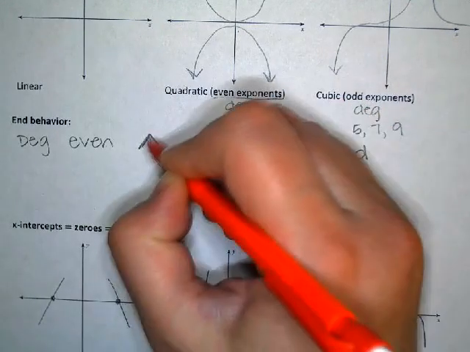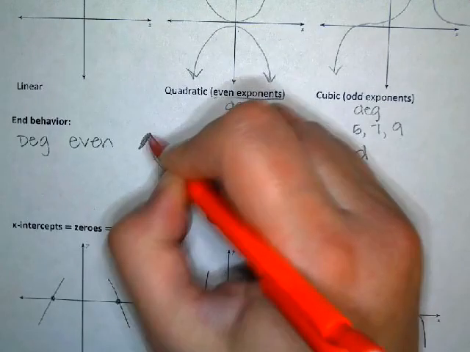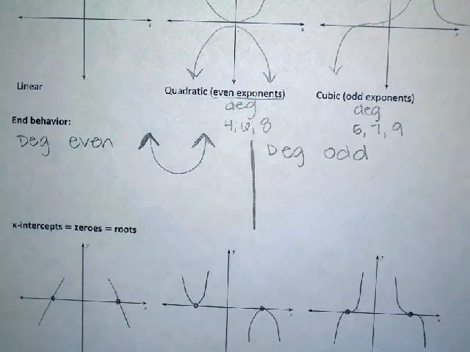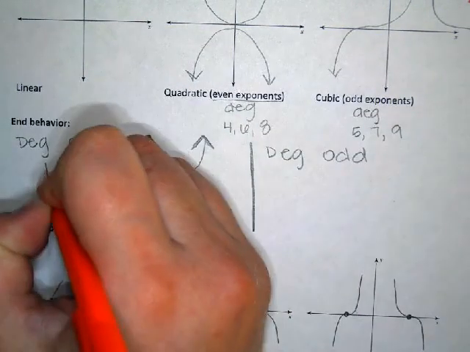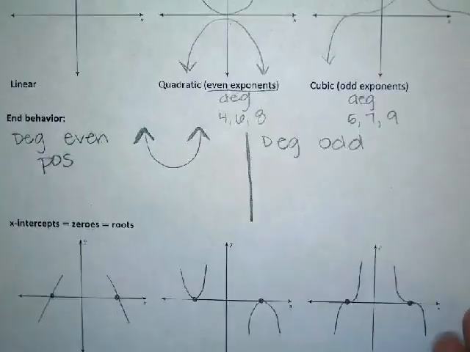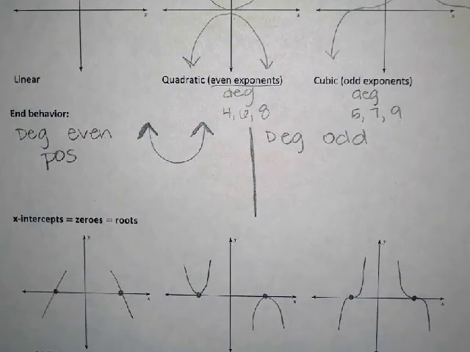So arrows are up, up. This is if you have a positive in front of your equation, or you have nothing in front of your equation, because we know equations don't really have a plus sign in front of them.